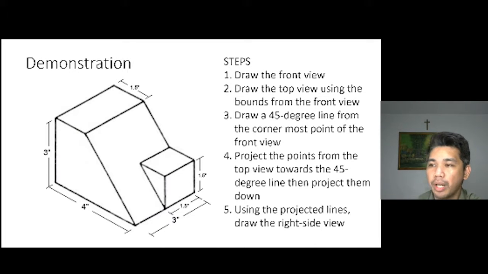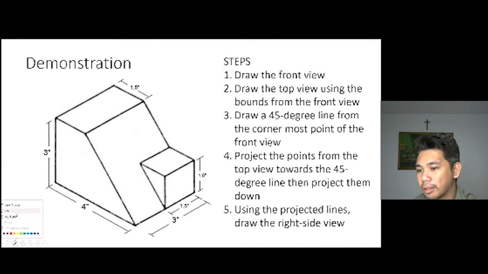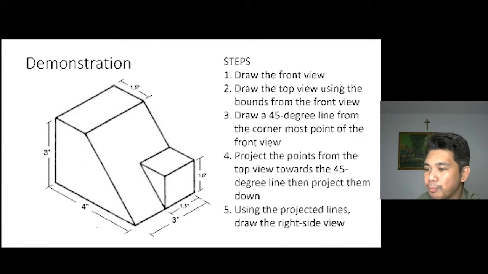Number one is we will draw the front view. Let's determine first, what is the front view of this object? If you have a drawing like this, as I said earlier, it's an isometric drawing. We can divide this isometric drawing into two parts.